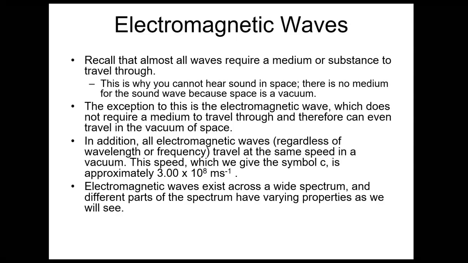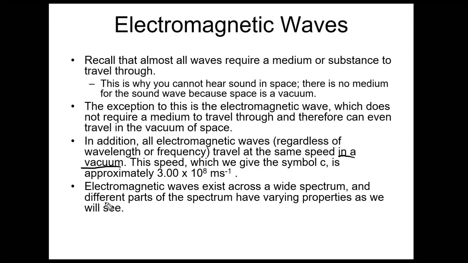Something you should know: all electromagnetic waves, regardless of where they are on the EM spectrum, regardless of the frequency or wavelength, travel at the same speed in a vacuum. That "in a vacuum" part is important because we'll see in the next unit, when we talk about refraction and indices of refraction, that when electromagnetic waves travel into different media, the wave speed actually changes.